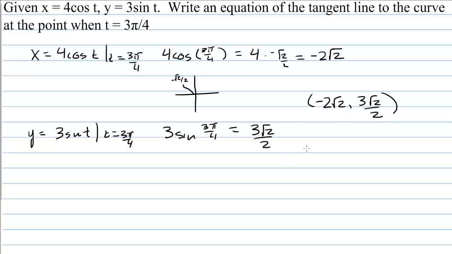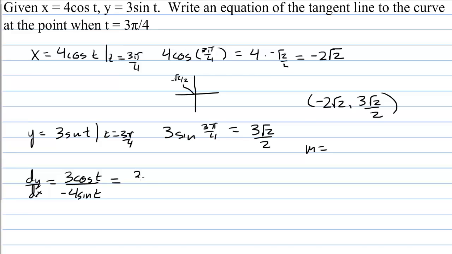And now we need the slope of the tangent line. So we need dy over dx. Well, dy is 3 cosine of t, and dx is negative 4 sine of t, evaluated at 3 pi over 4.